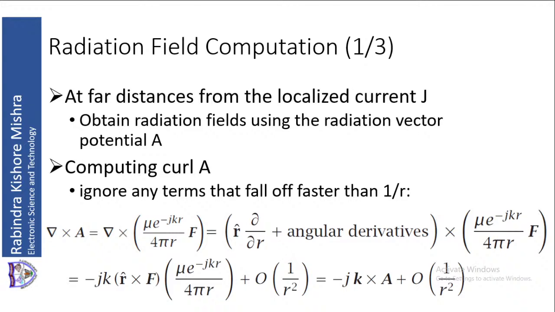So minus jk cross, and the other terms, mu exponential minus jkR by 4 pi R into F, that part is equal to A. So this will be minus jk cross A, plus terms of the order of 1 by R square, 1 by R cube, etc.